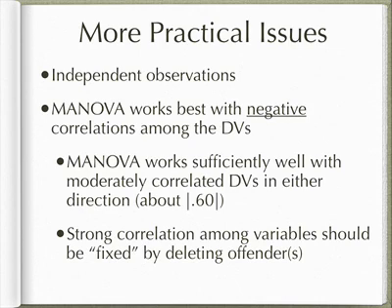I think where you would run into problems is when, let's say, two of your dependent variables are correlated 0.85. What does that mean? They're measuring pretty much the same thing. Yeah, they're certainly measuring a lot of the same thing.